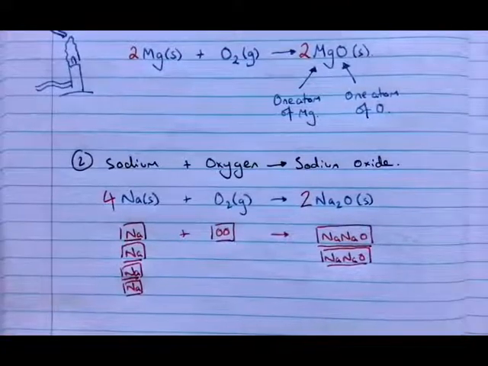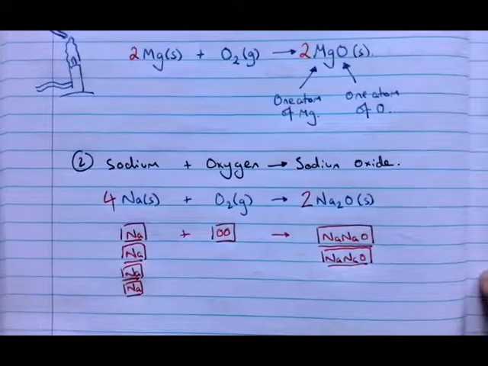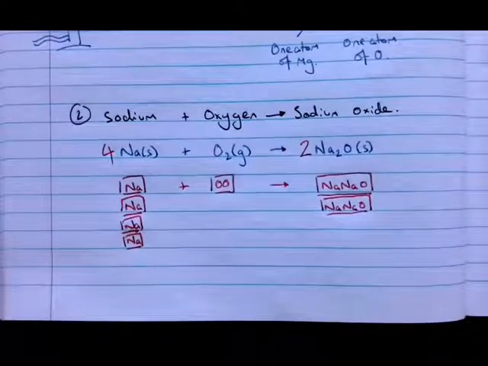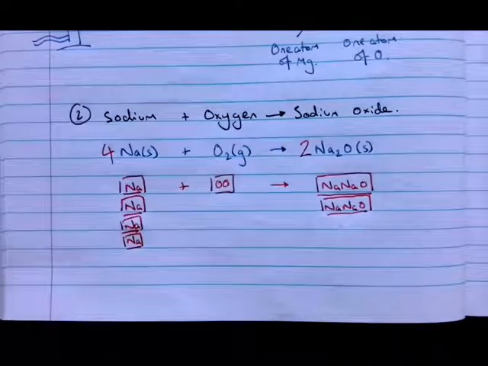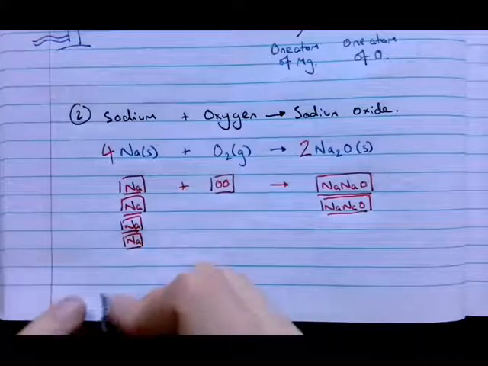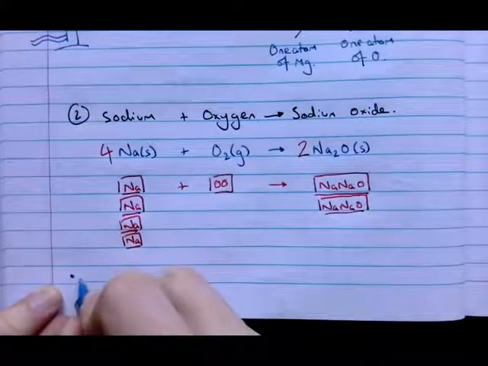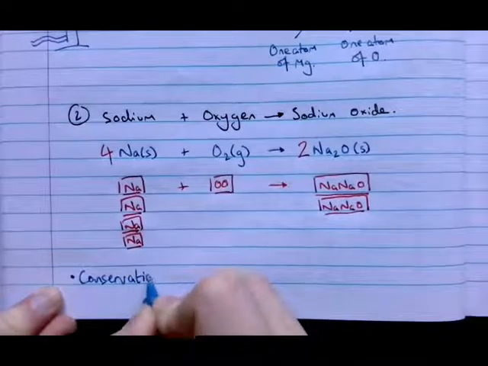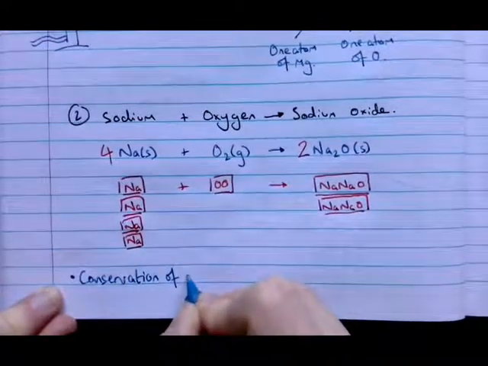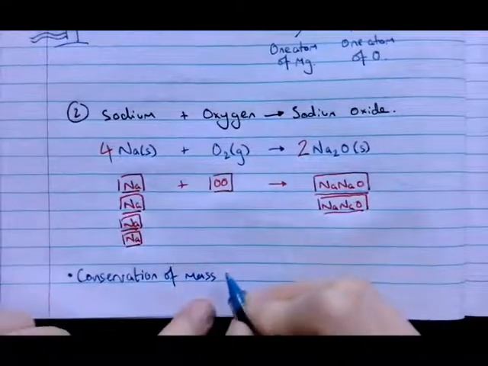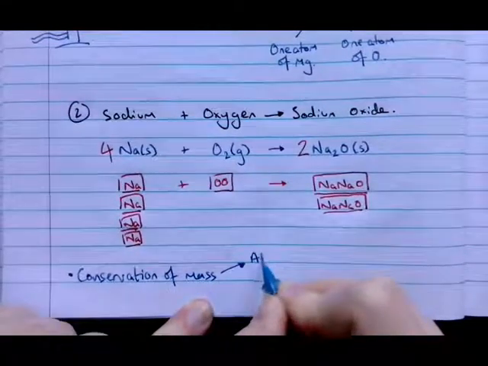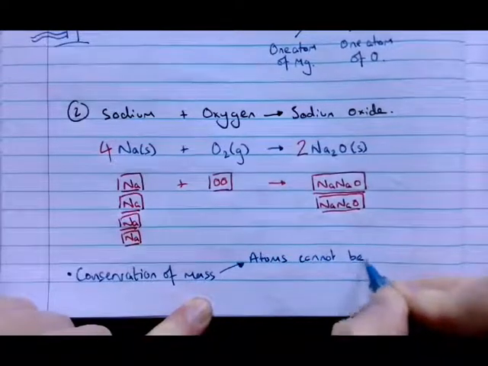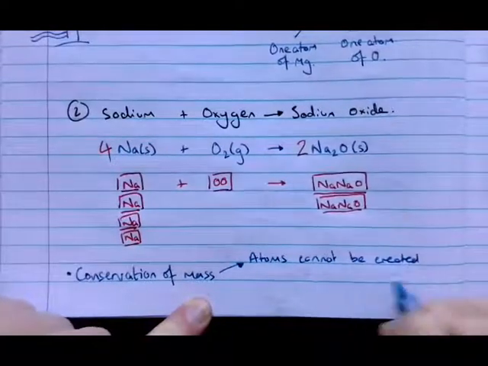Okay, excellent. Now, just as a reminder, why do we need to balance these equations? We need to balance these equations for the conservation of mass. So you need to remember that the conservation of mass tells us that atoms cannot be created or destroyed.